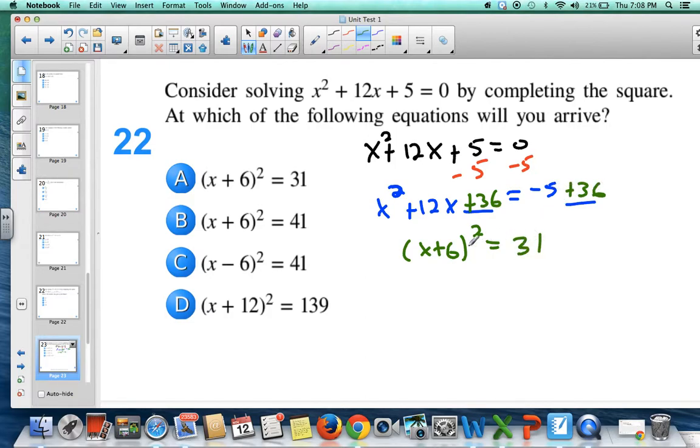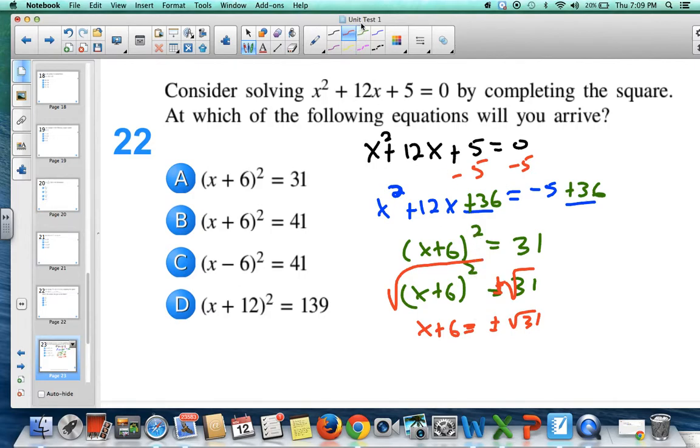If I were to continue the problem, now I would take the square root of both sides. Now I would have x plus 6 squared equals 31. I would take the square root of both sides with a plus or minus. That would leave me with x plus 6 equals plus or minus the square root of 31.